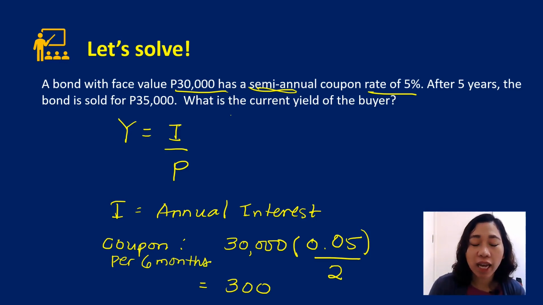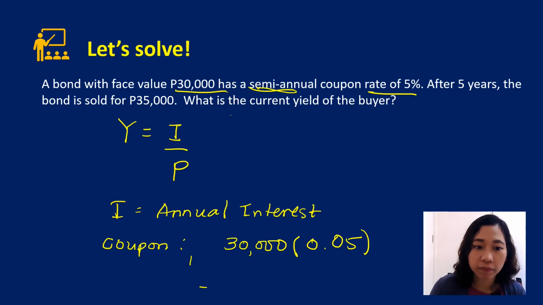Okay? So if you just want the annual interest, the annual interest is just 30,000 times 0.05. Okay? So that's your face value times the annual rate.